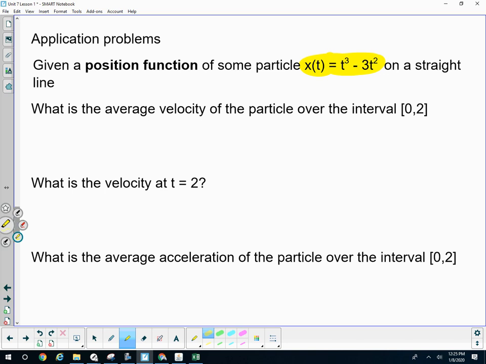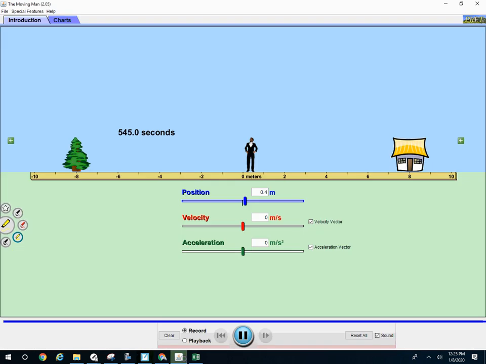It's just going to be like, hey, this specific thing, we typically call them particles, will have a position based on this formula. Okay, so this is the formula for the position of whatever this object is. Okay, and this formula can tell you where this object is located on our number line.